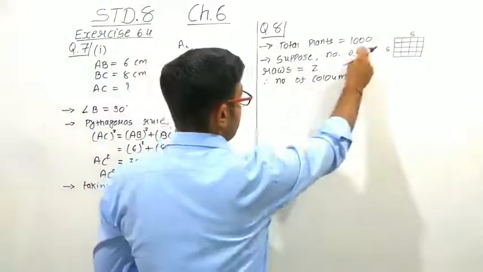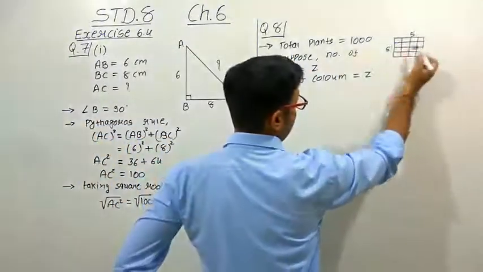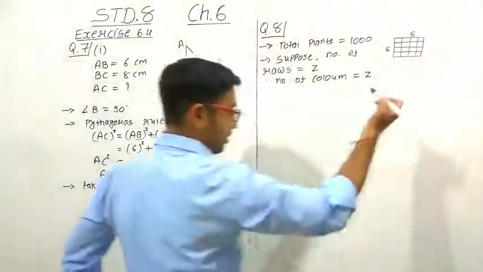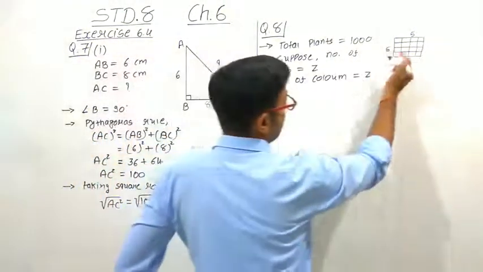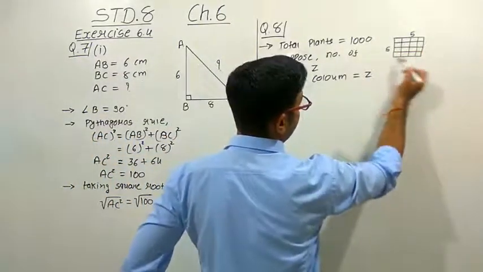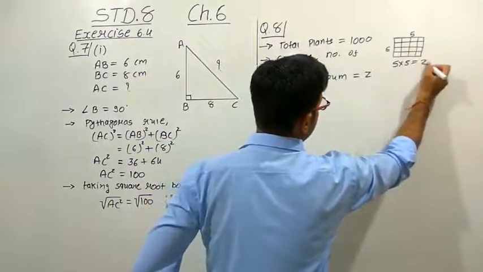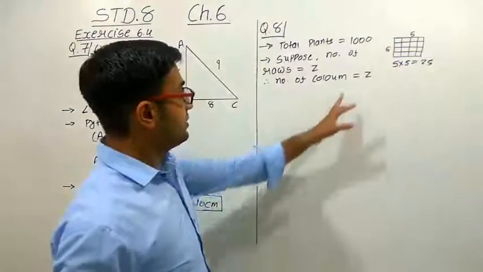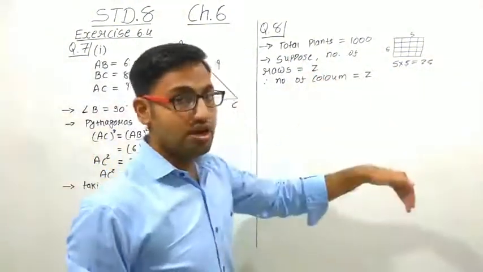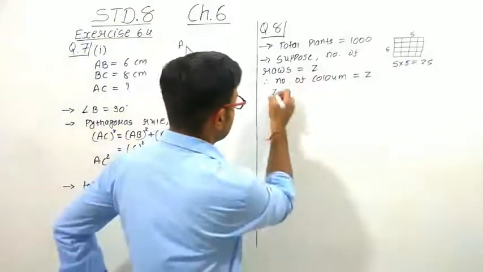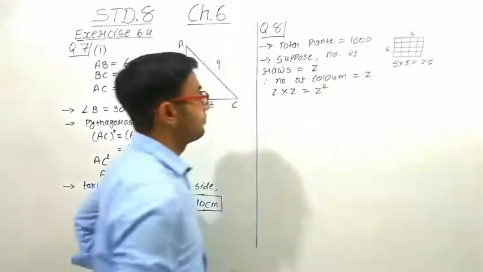If we arrange 5 rows and 5 columns, how many plants do we need? 5 times 5, that is 25. That means if we arrange z rows and z columns, how many plants are required? That is z into z, which is equal to z square.